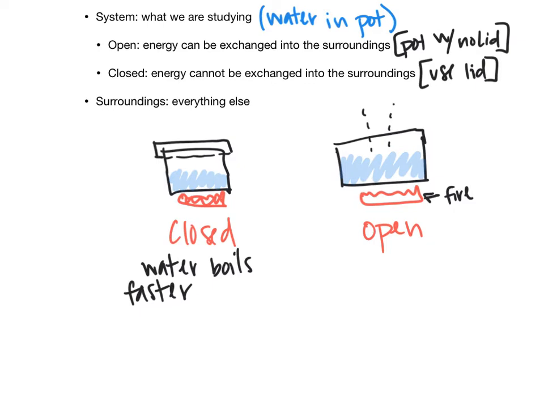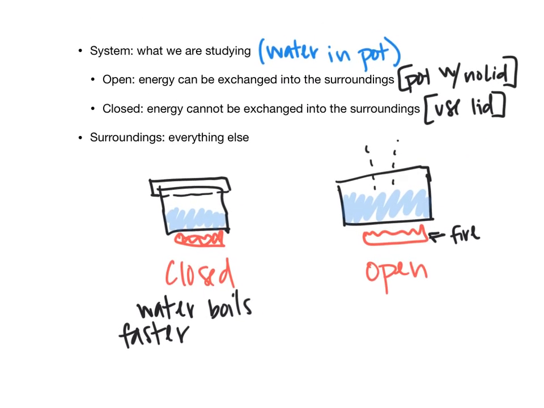In a closed system, energy cannot be exchanged into the surroundings. In an open system, energy is freely exchanged into the surroundings. So in the system, which is what we're studying, when it is closed, all of the energy can be contained. When it's open, we're going to basically create a steam bath.